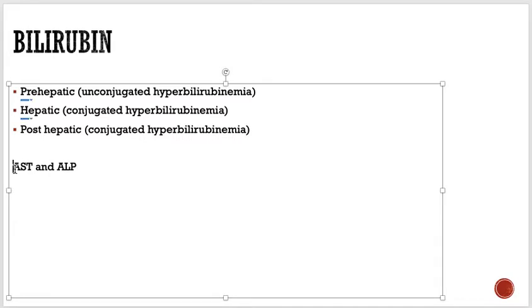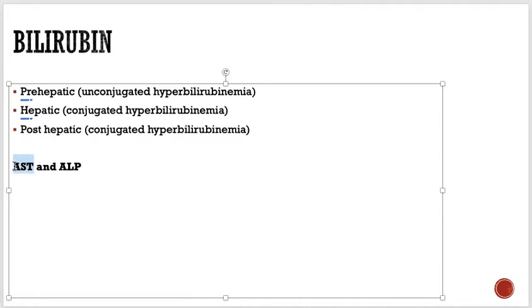Now about these tests, I already told you that ALP is present in the bone, in liver disease, in GIT disease. So remember, ALP is not specific for liver. It can be raised in liver conditions, it can be raised in bone conditions, it can be raised in myocardial infarction. So simply, this is not specific to liver condition.